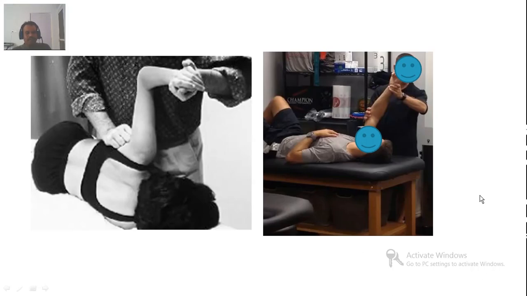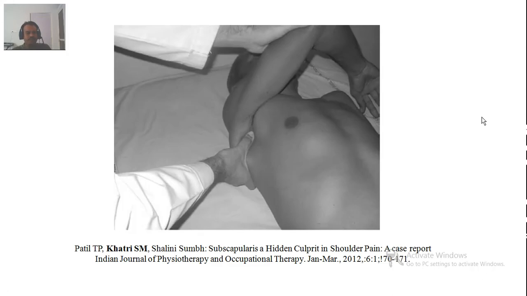You can have Maitland's mobilization. You can have grade 5 mobilization, otherwise manipulation. Another way is to work at stretching at different regions. This is one of the ways to do the rhythmic stabilization for the shoulder.